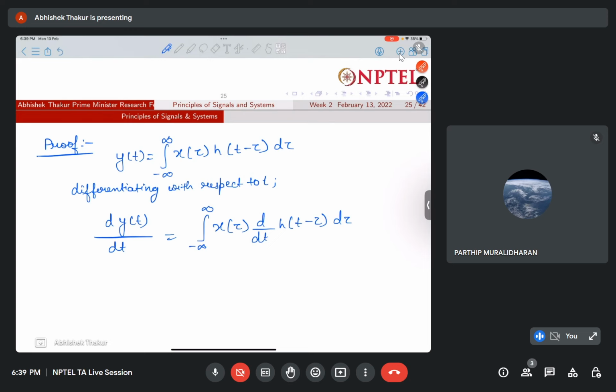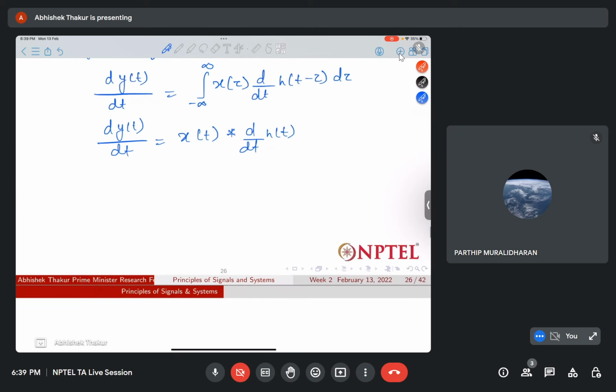Now this differentiation and integration, so this will become x(t) convolution with d/dt of h(t).